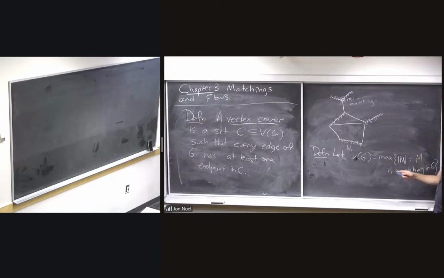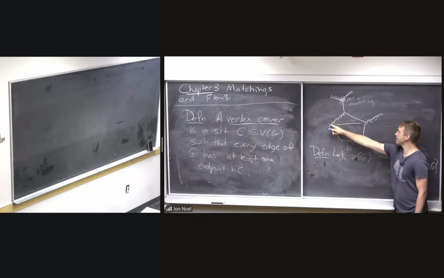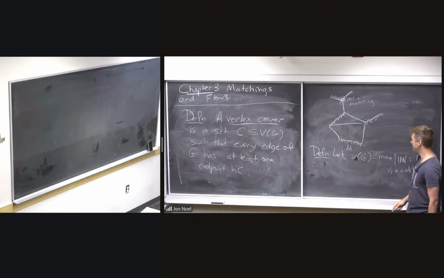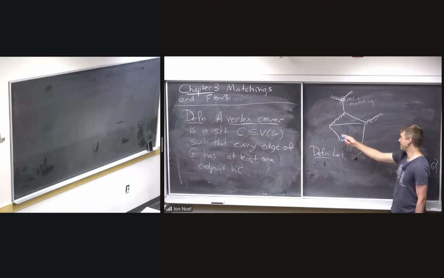I'm missing this edge and this edge right now, and that one. It's a little bit awkward. Maybe I'll take that one, and now I'm missing this edge, so I gotta take another one. So that's a vertex cover of size 4. Maybe there's one of size 3, but I kind of doubt it. Probably 4 is the best.